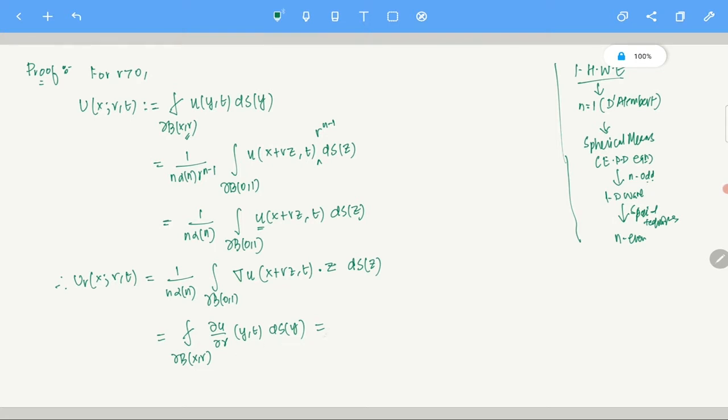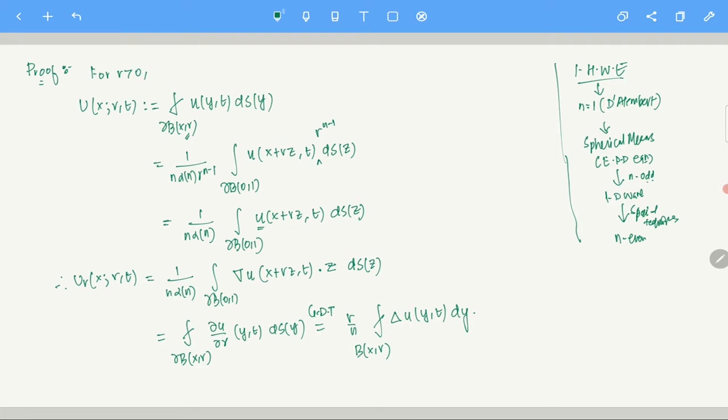This formula is essentially by the Gauss divergence theorem. r by n will come out because of that average, over B(x, r), of the Laplacian of u(y, t) dy. I hope this calculation is clear. Break it up, then the integral of u del gamma at (y, t) of this particular thing is basically the Laplacian of u. That is by the Gauss divergence theorem. Clear? So U_r will look like this.